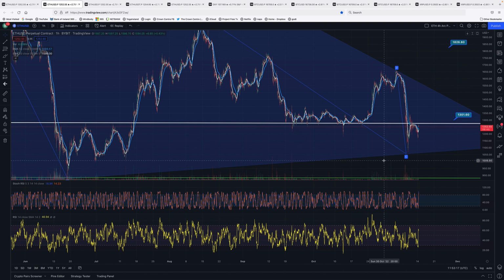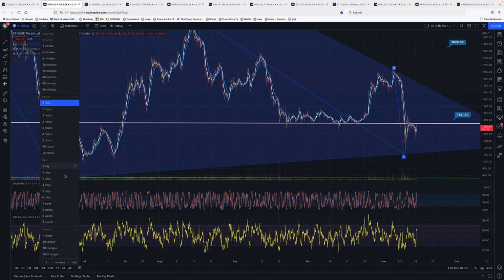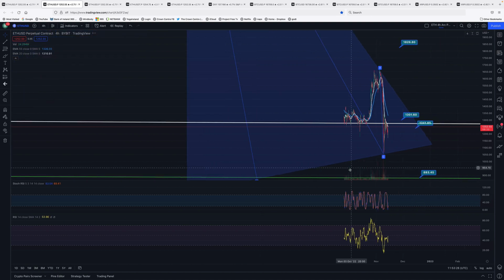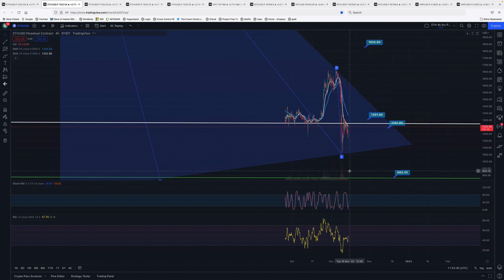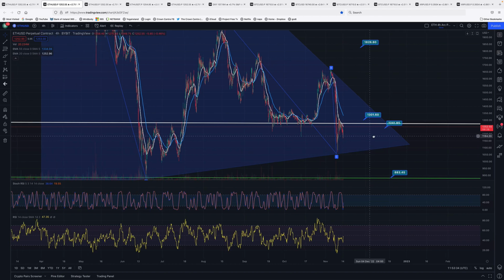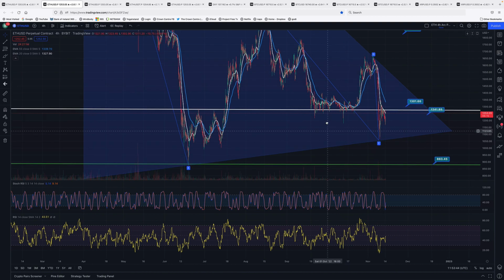On the 4-hour timeline, now I want you to notice how nicely this is my 4-hour arc, and this massive white line. This massive white line is the support and resistance of these swings. So here's where it accumulated and it did a W pattern and lifted up, and then it broke down.